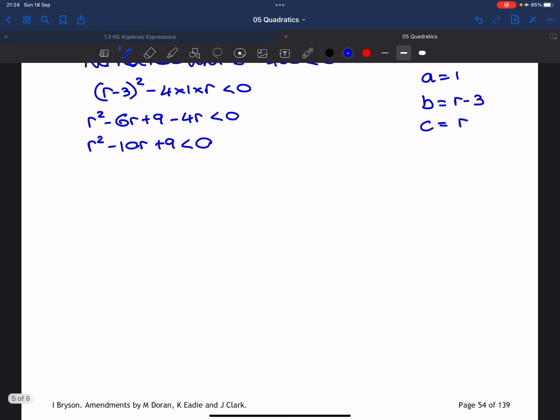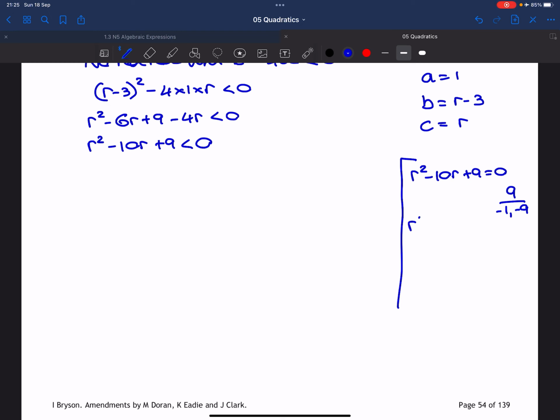So let's go to the side and solve the equation r squared minus 10r plus 9 is equal to 0. So 1 times 9 is 9. Two numbers that multiply together to give me 9 but add to give me negative 10 will be negative 1 and negative 9.